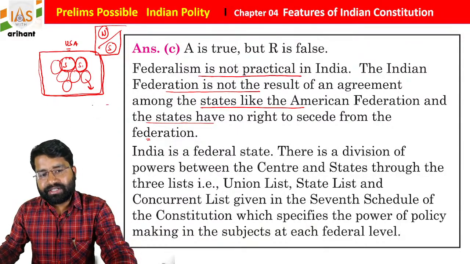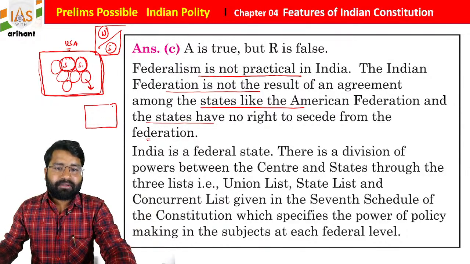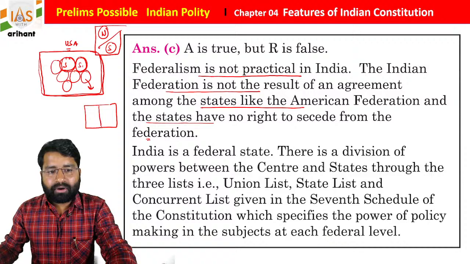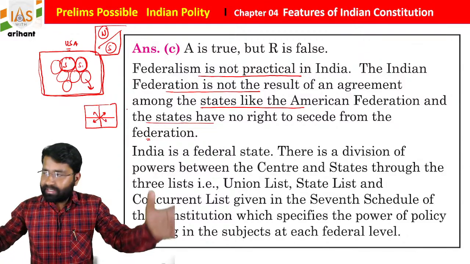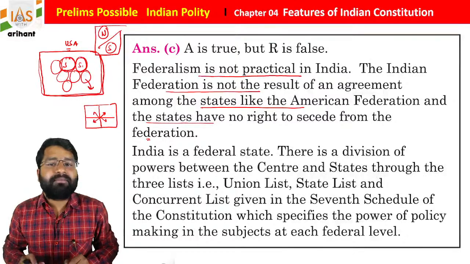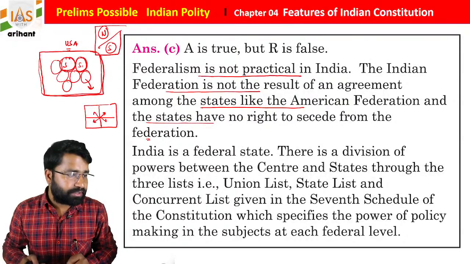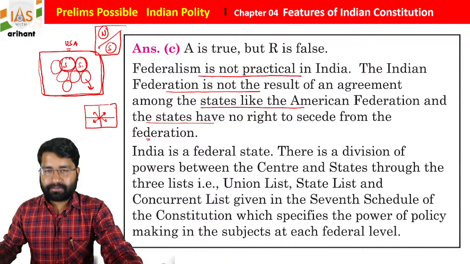As you know, initially we are a union, but we are a very huge country. So that's why the union created states. So in India we are different from the USA. Why? In the USA, the states came together. In India, the union created the states for better administration and governance. Students, getting it? So the Indian federation is different.